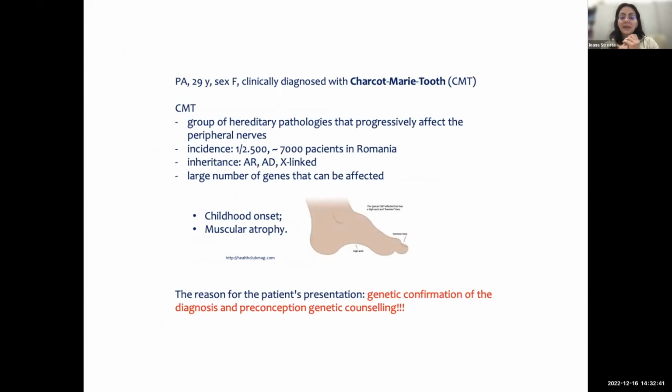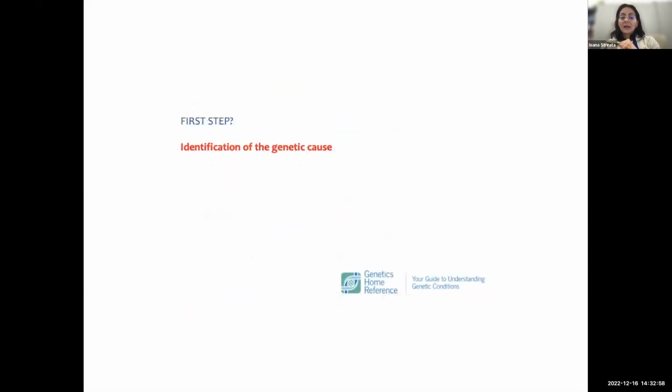She came to genetics because she wanted to have the genetic confirmation of her disease, and because of preconception genetic counseling. So the first step, after we also saw the case clinically, was to try to identify the genetic cause.